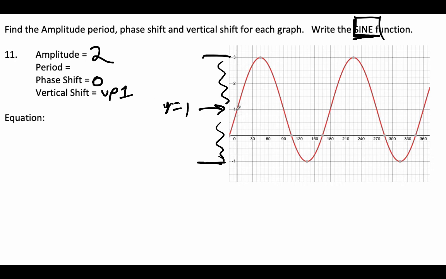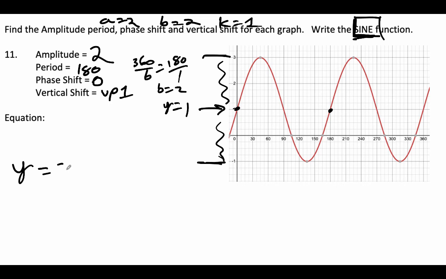And my period, I would go from here. Ooh, look at that, 180. Again, if the period is 180, then 360 over b equals 180 over 1. Cross multiply, b is 2. So I've got an amplitude of 2, a period of 180 for a value of b of 2, and a vertical shift of 1.